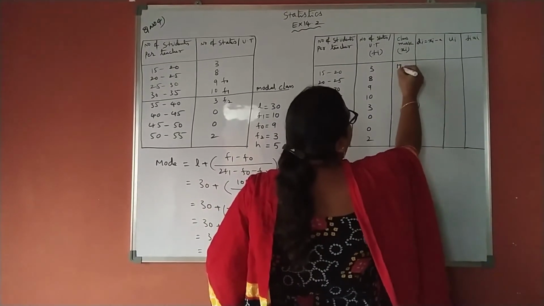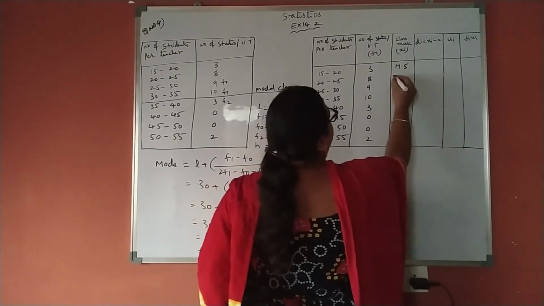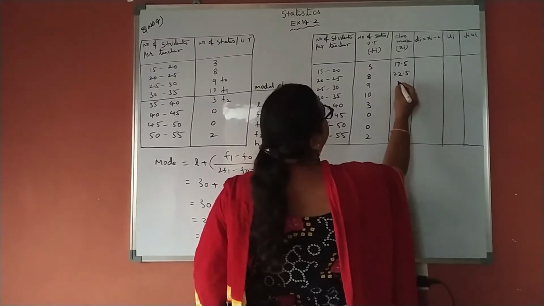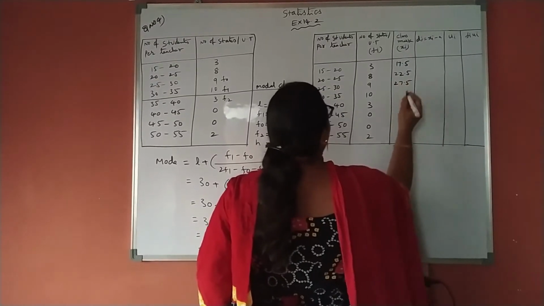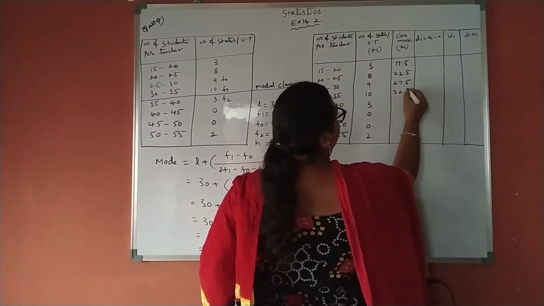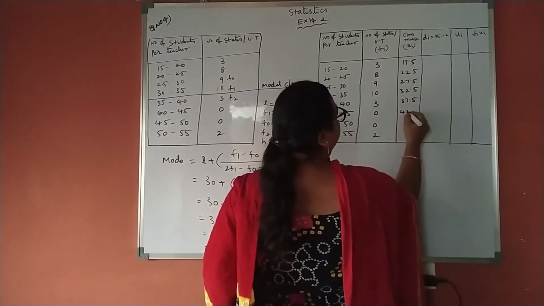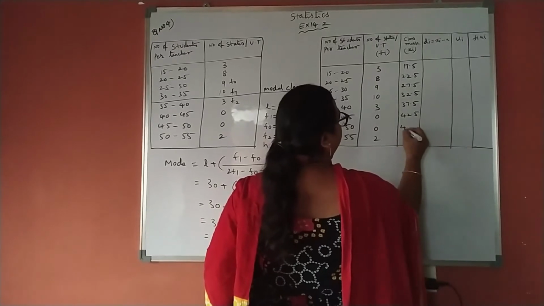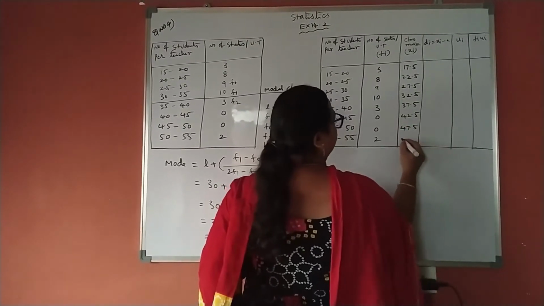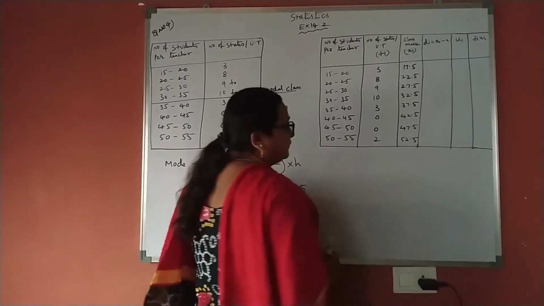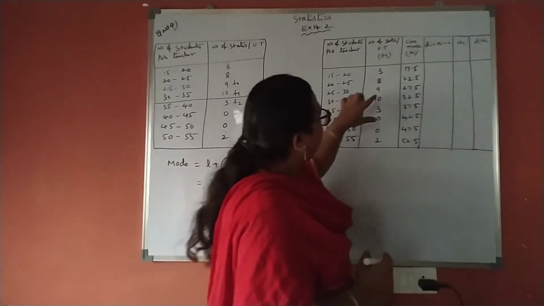So 17.5, 22.5, 27.5, 32.5, 37.5, 42.5, 47.5, this is 52.5.